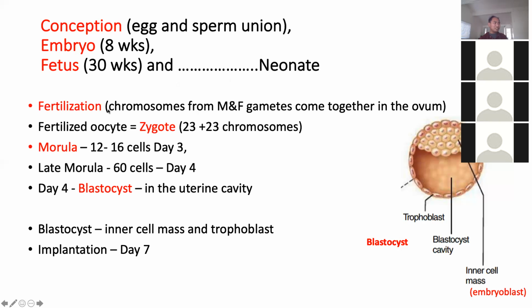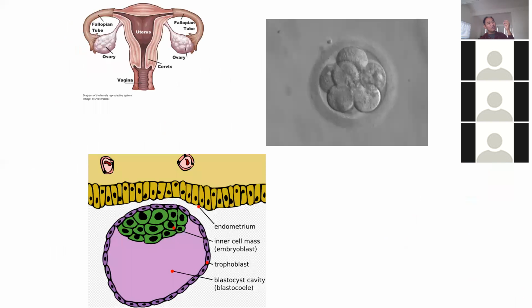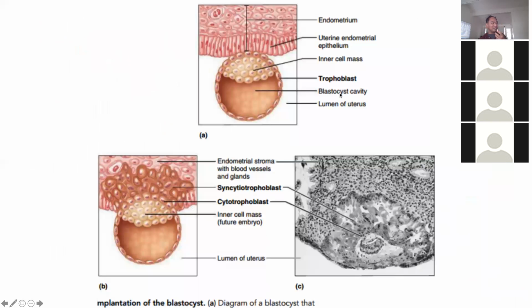And fertilization means the chromosomes of male and female gametes come together in the ovum. And of course, this little fertilized ovum gradually gets bigger and bigger. And finally, at day 4, it gets into the uterine cavity. The cells inside the ovum gradually divide.